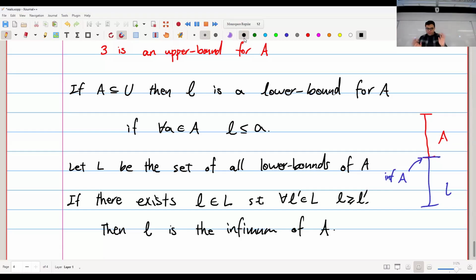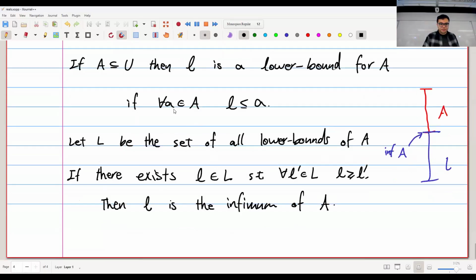And again, only if it exists. I'm not guaranteeing that it will always exist.